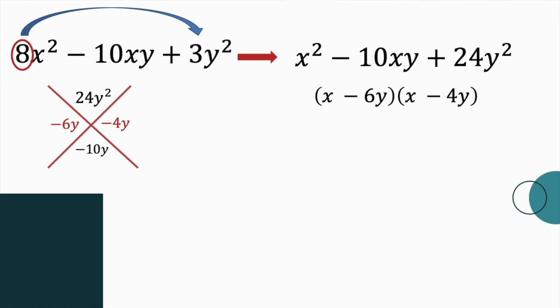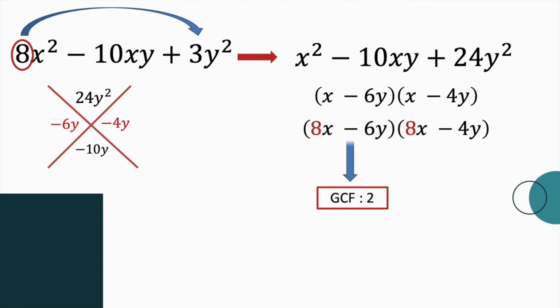Bringing back again 8 as the leading coefficient of each factor will give us 8x minus 6y and 8x minus 4y. For the first factor, there is a GCF of 2. Dividing each by 2 will give us 4x minus 3y.